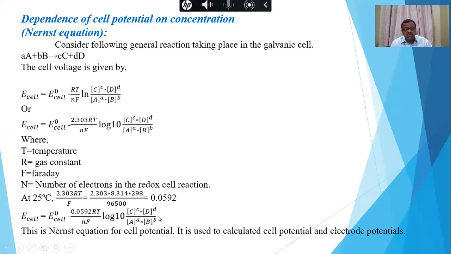At 25 degrees Celsius, 2.303 RT upon F is equal to 2.303 into 8.314, which is the value of R, into 298, the Kelvin temperature, upon 96500.